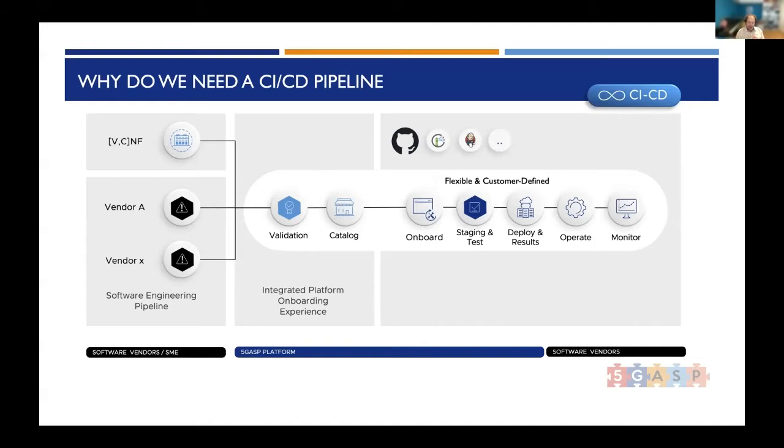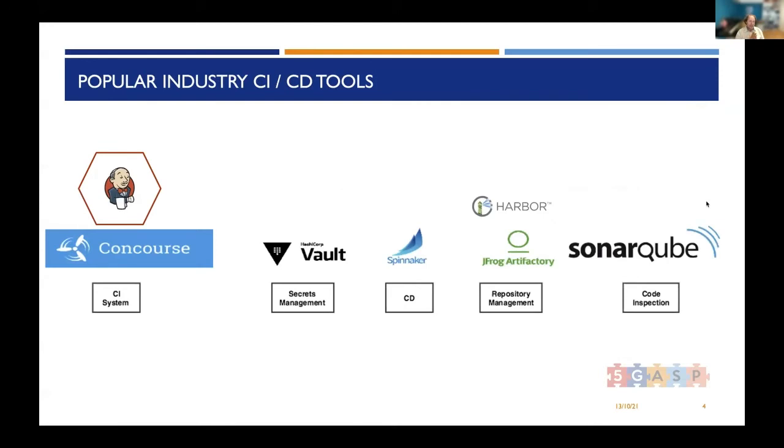Of course, there are many parts to industry CI/CD tools. Actually, there is this ecosystem slide that has all these different small logos on the side. For example, some of the big ones, Jenkins, we'll talk about this, of course, but other CI/CD systems exist, like Concourse. You need secrets management, you need repository management, sometimes you need code inspections.